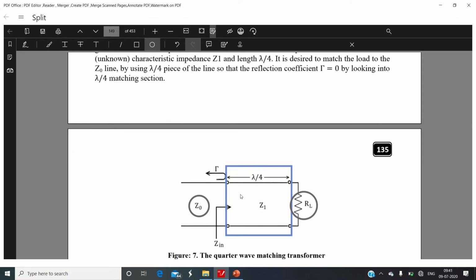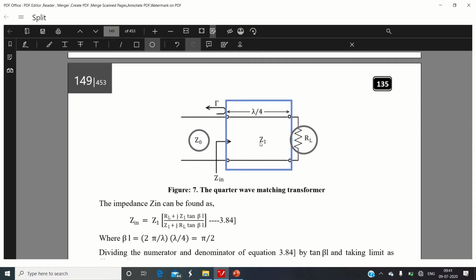Now what is the job of this transmission line? Its job is to make the reflection coefficient on the main transmission line become 0. When this quarter wave transformer is used for matching load resistor RL with characteristic impedance Z0, there will not be any reflection on the main transmission line on this side.